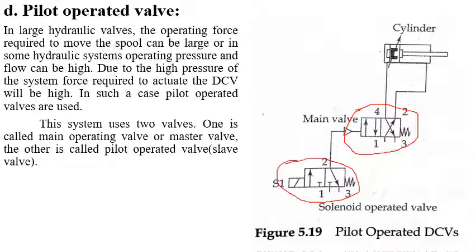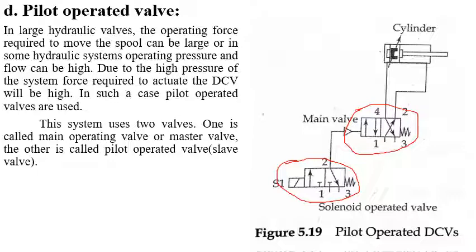Why? In large hydraulic valves, the operating force required to move the spool can be large, or in some hydraulic systems, the operating pressure and flow can be high. Due to the high pressure of the system, the force required to actuate the direction control valve will be high.